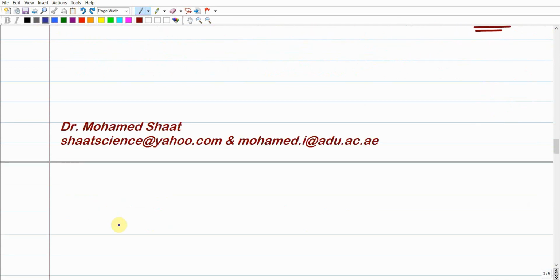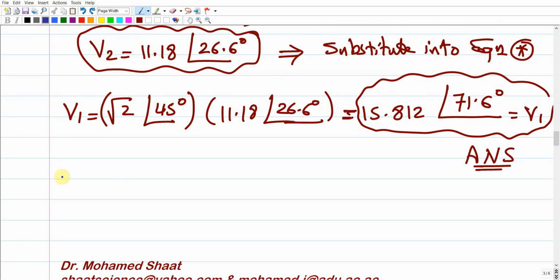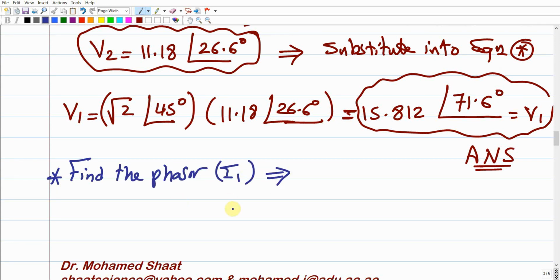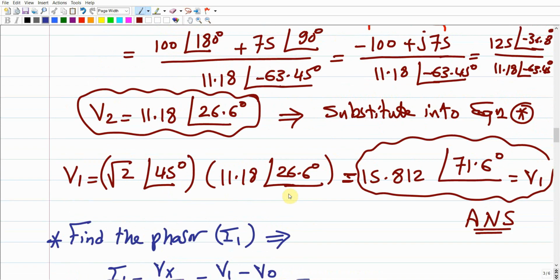So here we're just going to work over the phasors to find I1. As we agreed, I1 should be Vx divided by ZR, and Vx is V1 minus V0, divided by ZR. So how much is V1?